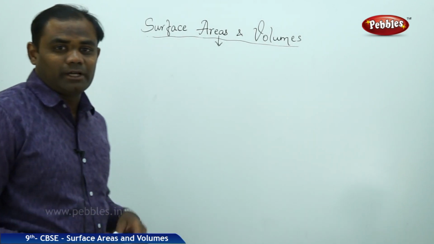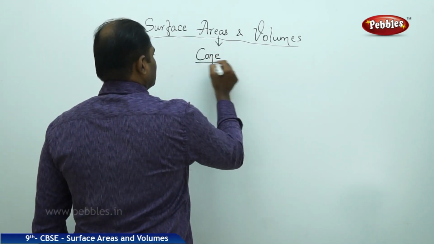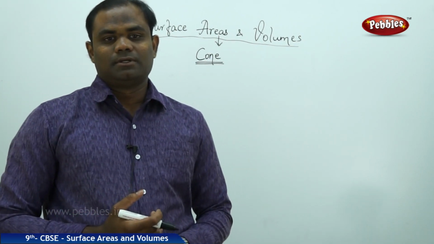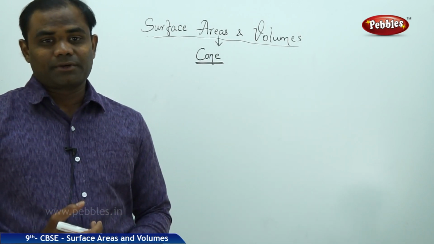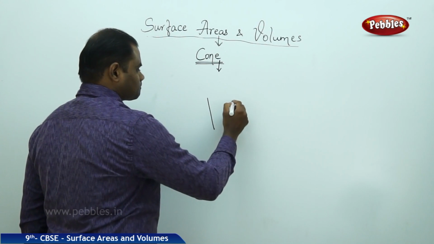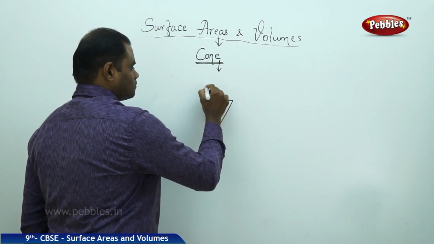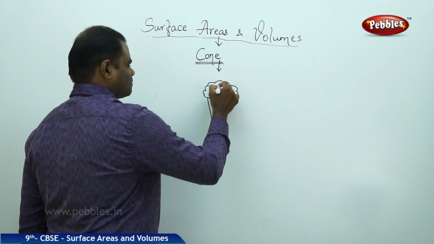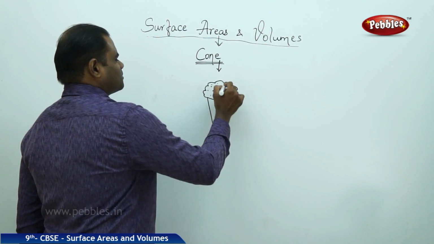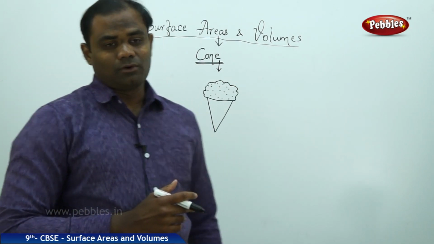We all have come across a shape when we were wondering what could be the shape called in mathematical sense. Imagine we went to some ice cream parlor and we had a cone ice cream. So here we bring in the concept of a cone ice cream, which very much defines a cone.